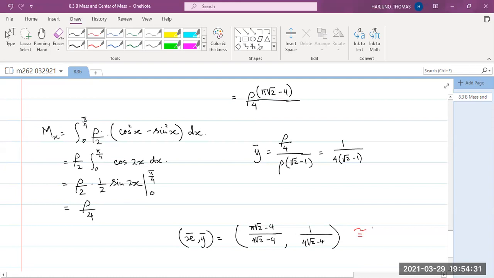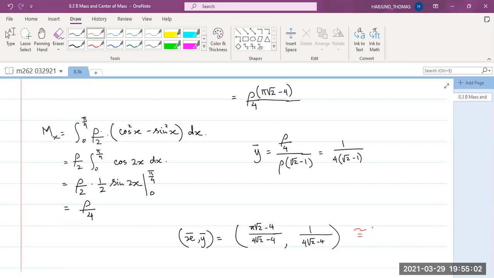Pi of radical 2, pi square root of 2 minus 4, divided by 4 divided by radical 2 minus 1. I'm sorry, I think I punched something wrong.